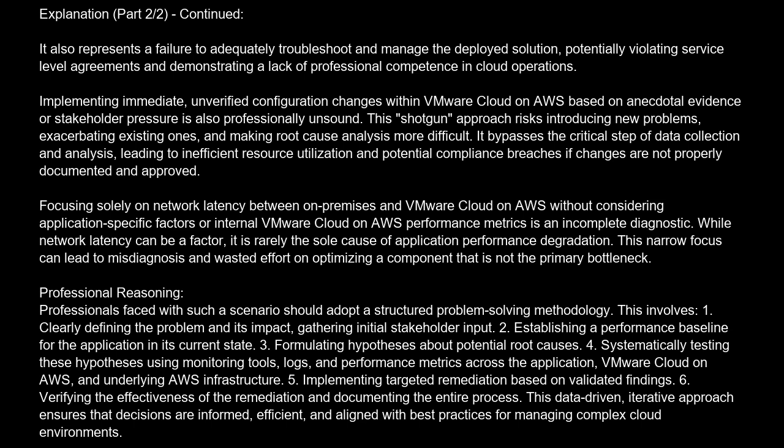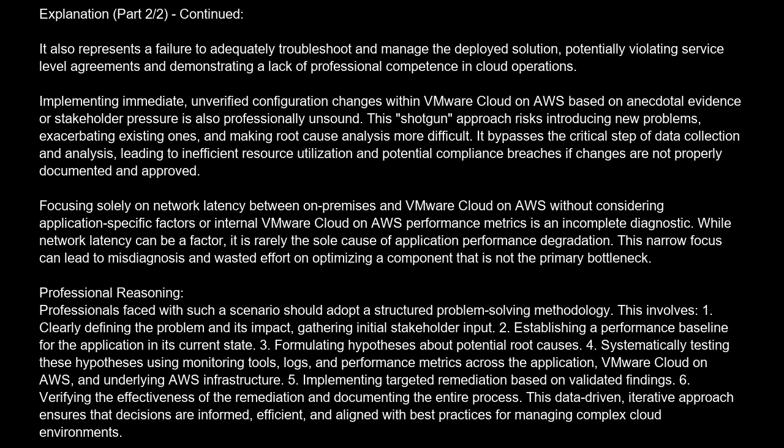Professional reasoning. Professionals faced with such a scenario should adopt a structured problem-solving methodology. This involves: 1. Clearly defining the problem and its impact, gathering initial stakeholder input. 2. Establishing a performance baseline for the application in its current state. 3. Formulating hypotheses about potential root causes. 4.